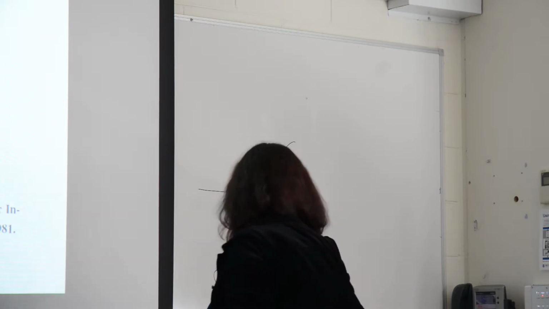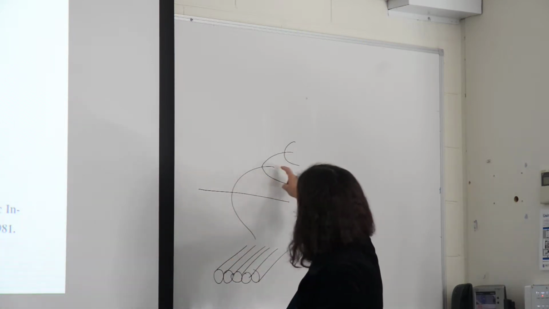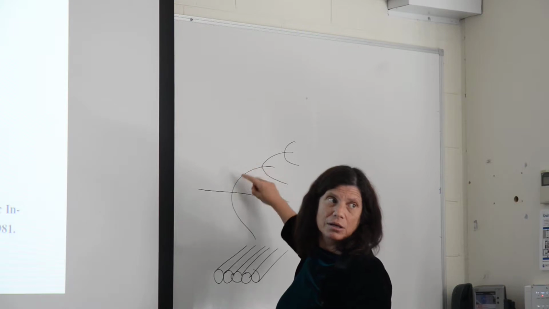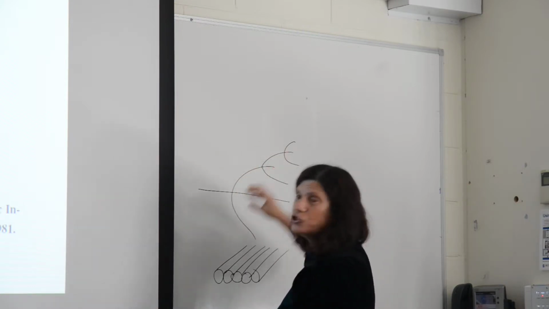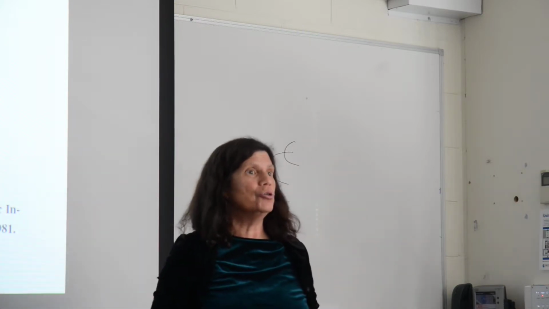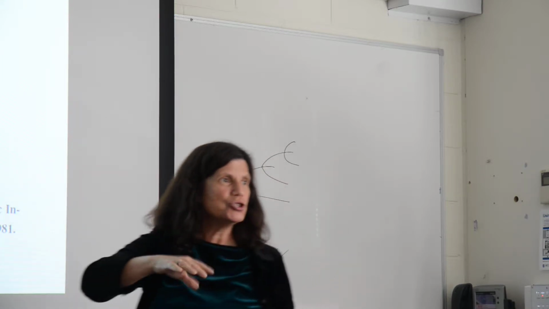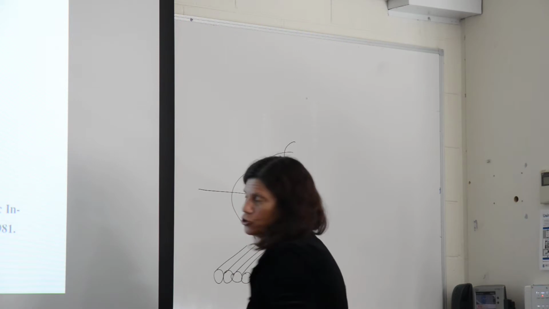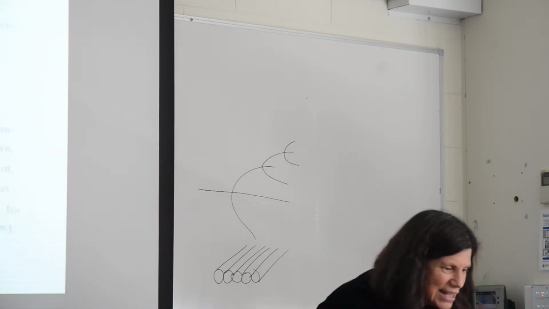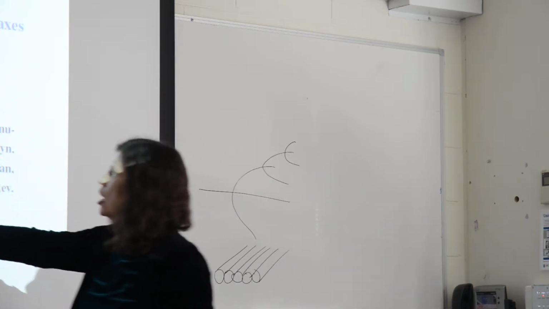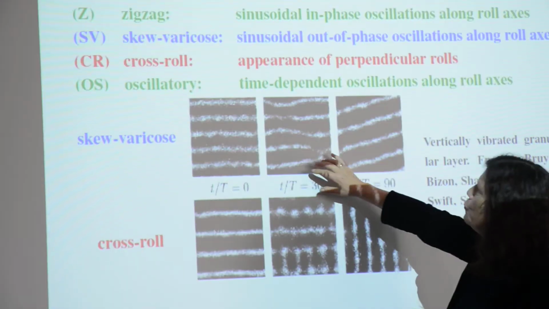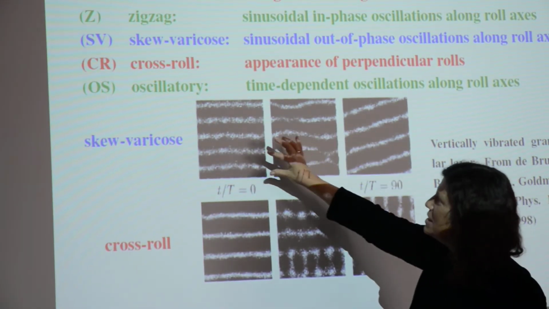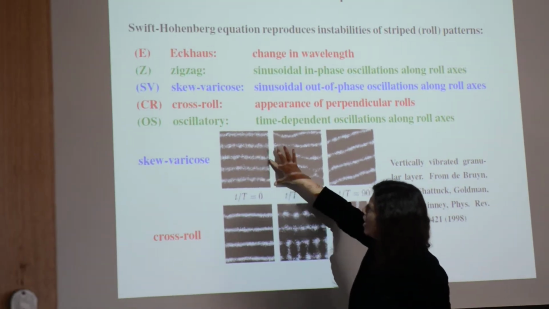And so he was taking these rolls as the new state, and doing linear stability analysis about the new rolls. The different kinds of perturbations that he was putting onto the rolls are those described there by those words, and I've tried to show some here. This is called skew varicose, and in the ideal case you would see this longer, and this is in, out.